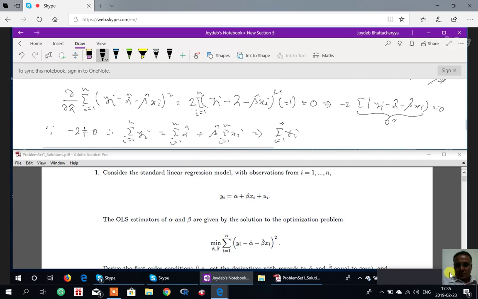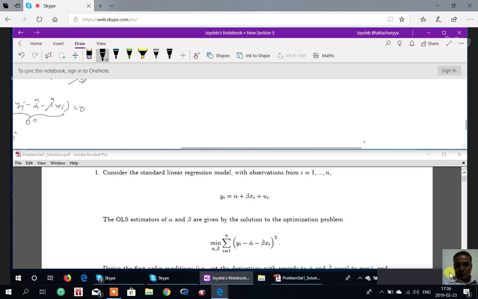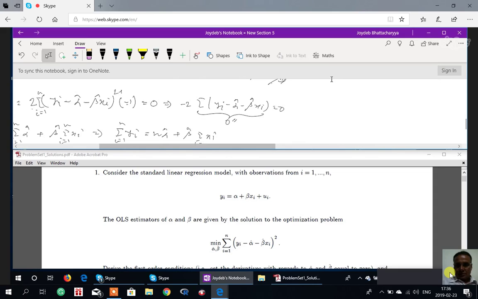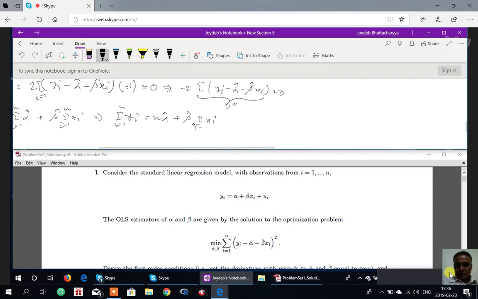So summation yi, i running from 1 to n, is equal to n alpha hat plus beta hat summation xi, i running from 1 to n. Alpha hat is a constant, the intercept of this linear regression line, so it is added up n times, giving n alpha hat. This is my first normal equation.